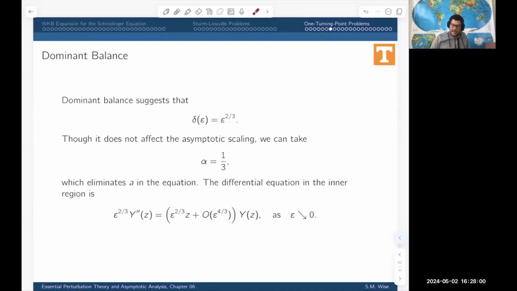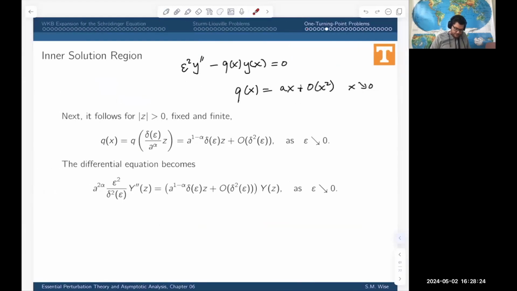We have never seen that before. That's kind of cool. And we're going to choose the scaling so that the a parameter can be divided out here and here. So what scaling would we choose then?